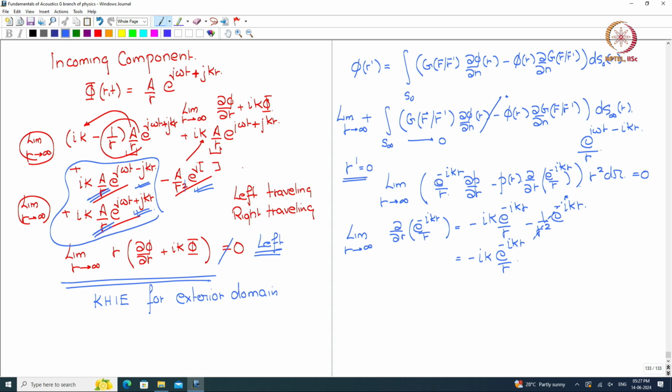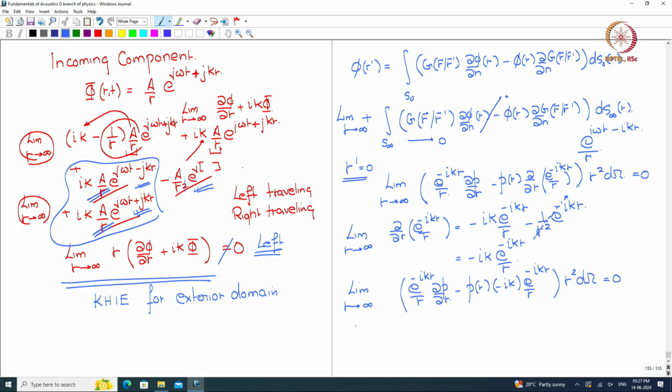Okay, so then what happens? Then I have limit r tending to infinity, e to the power of minus i k r over r, del p by del r minus p of r times minus i k e to the power of minus i k r by r, square d omega, that should be 0.